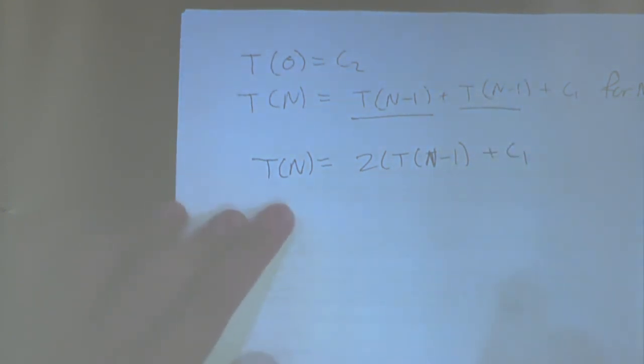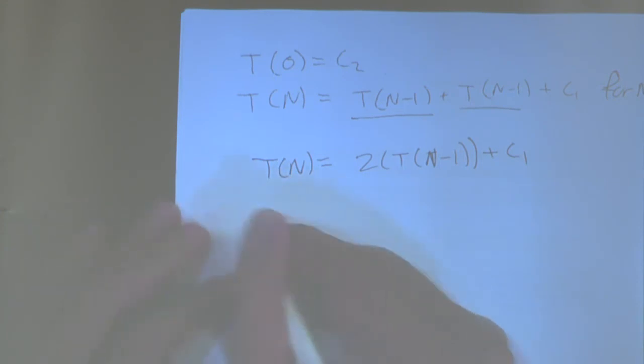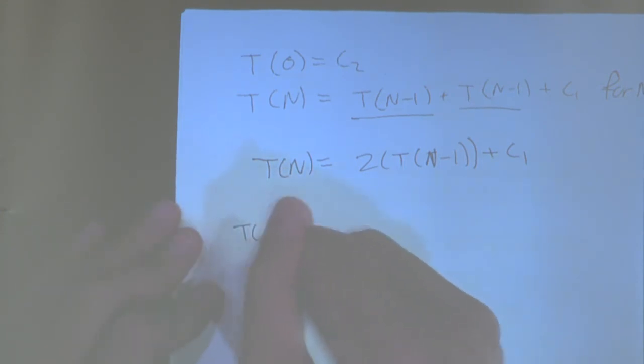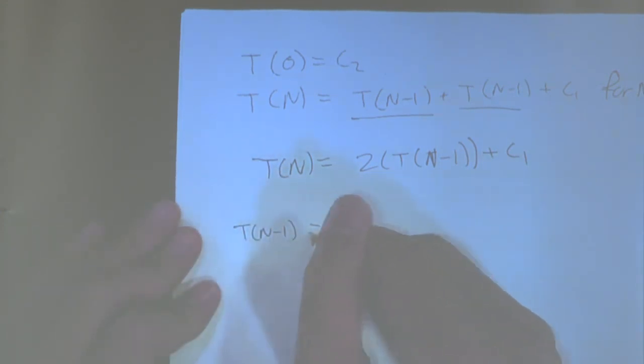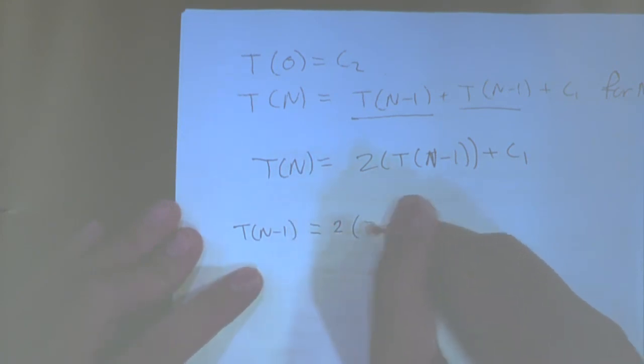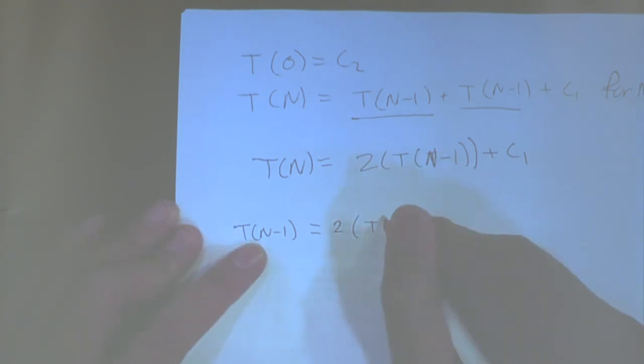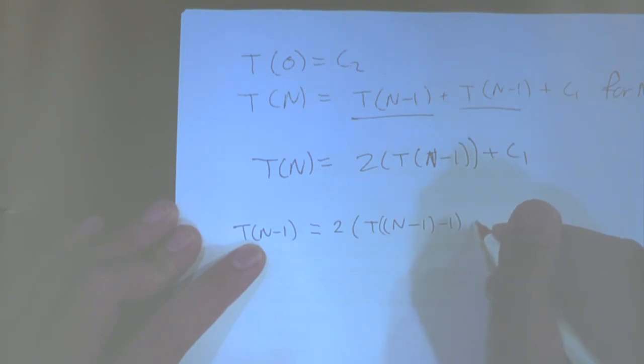Then when we insert this into this function, we get T of n minus 1 equals 2 times T of n minus 1 minus 1, plus c1 again.